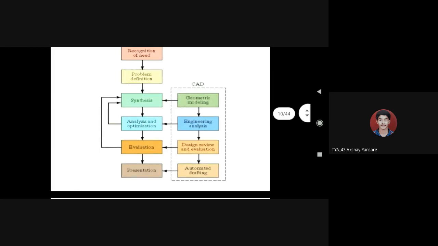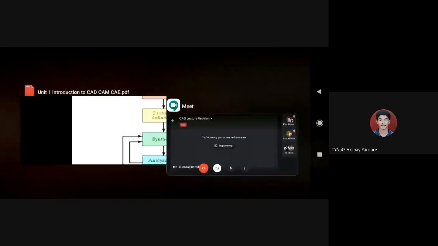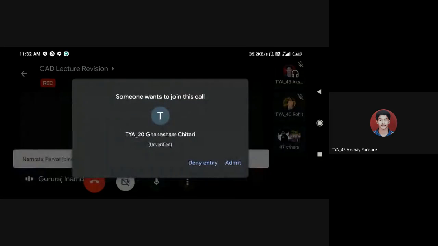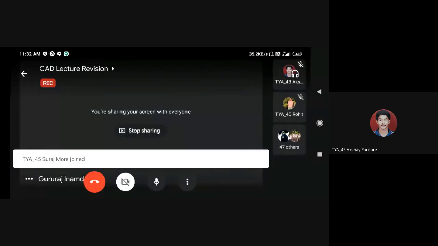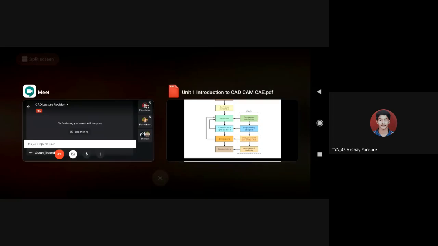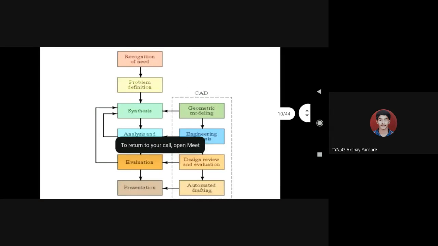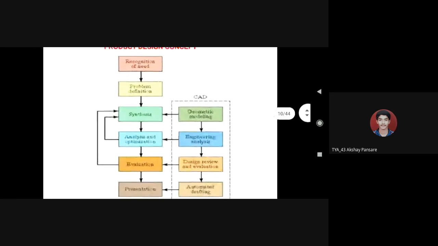Now in between, this is actually the cycle of a product. This is actually the product cycle, but where is the role of computer aided design? In between this cycle, where is the role of CAD?